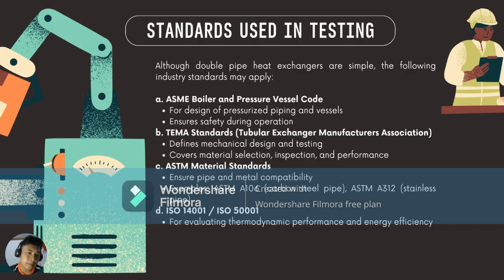Then the material standards ensure pipe and metal compatibility. Examples are A106 carbon steel pipe and A312 stainless pipe. Then ISO 14001 or ISO 50001 for evaluating thermodynamic performance and energy efficiency.